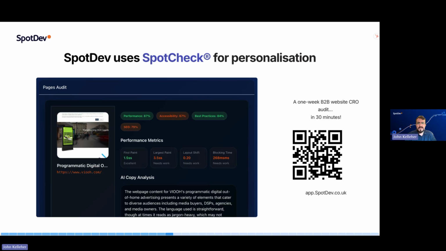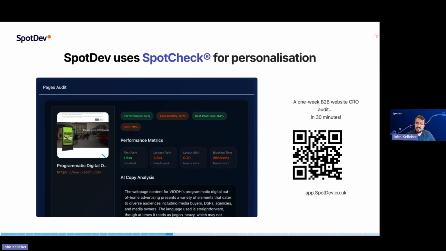So not only does it do all of the stuff that you can see on the screen here, which is your Google Lighthouse page speed insights type data, but it will automatically choose 10 pages of your website for a conversion rate optimization analysis as well.